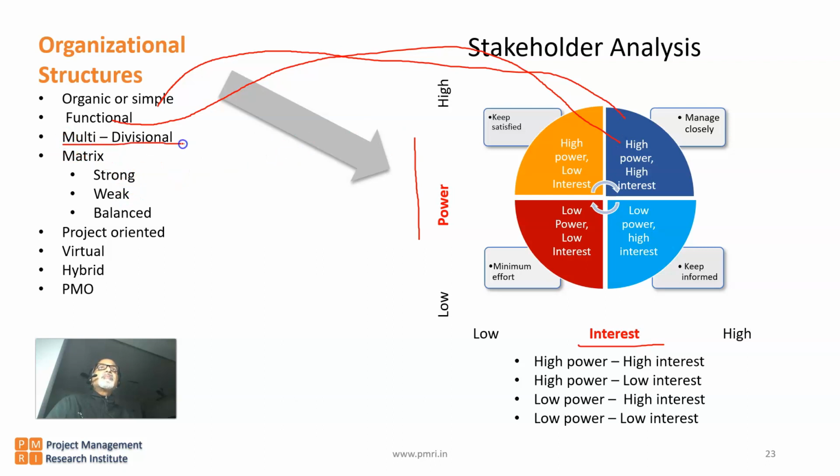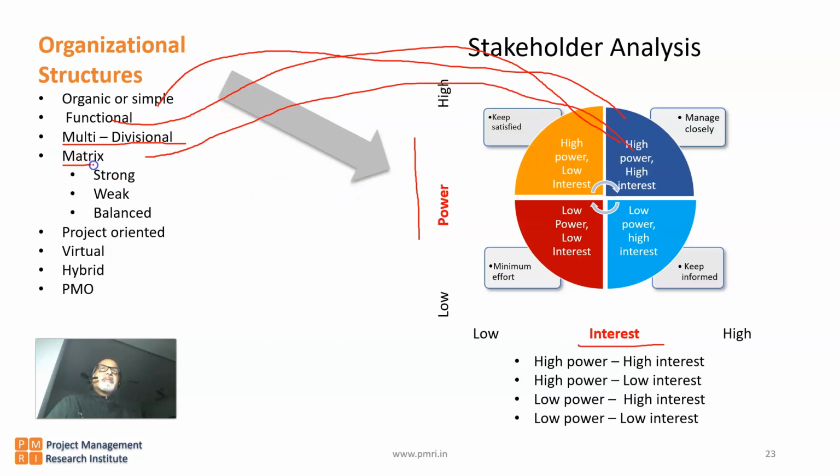And a multi-divisional organization like Toyota India, Toyota Japan, Toyota Australia, Toyota Middle East kind of an organization structure, then again the functional managers fall into high power, high interest category.